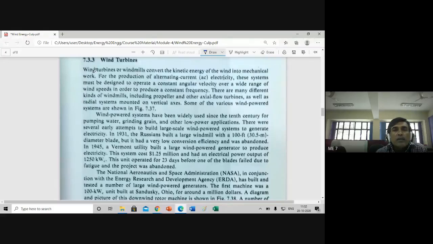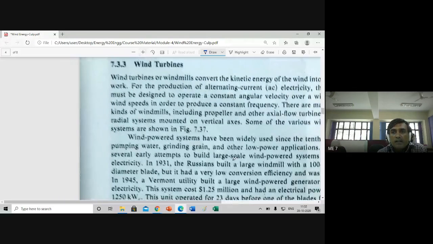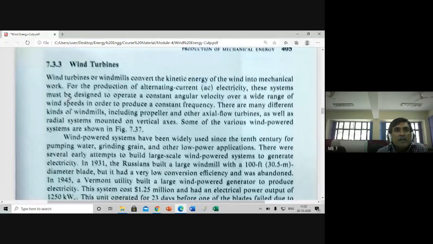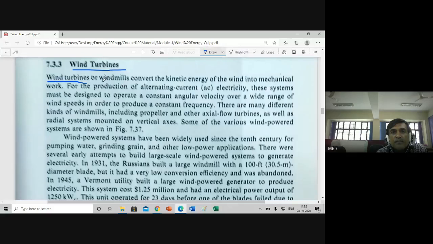You all have to go through this. Wind turbines. You start reading about this. Wind turbines or windmills convert the kinetic energy of the wind into mechanical work.